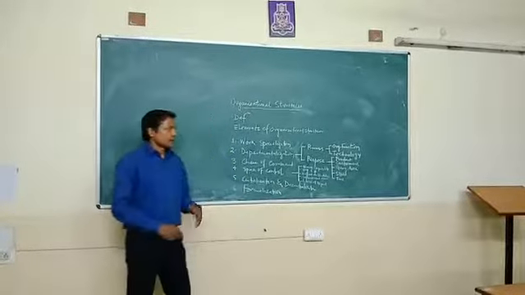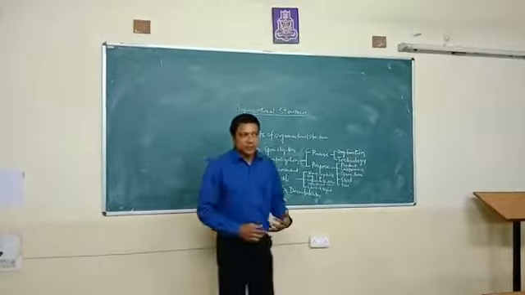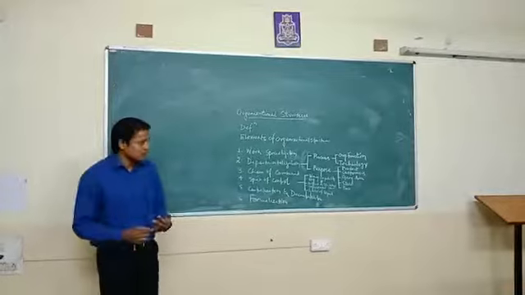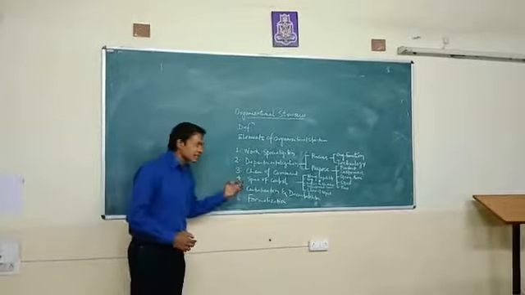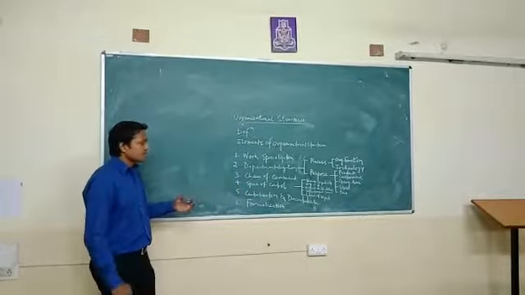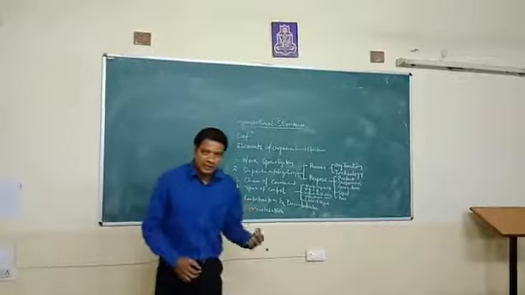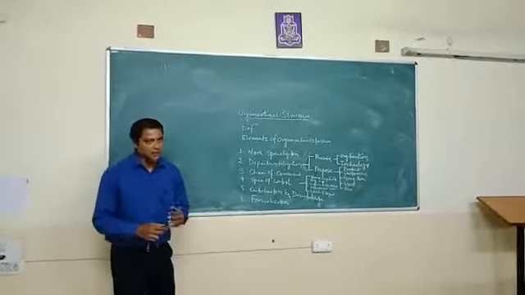That's about the definition. But the most important characteristics of organizations which actually define the organizational structures are listed here. The first one is work specialization, then departmentalization, chain of command, span of control, centralization and decentralization, and the last one is formalization in the organization.